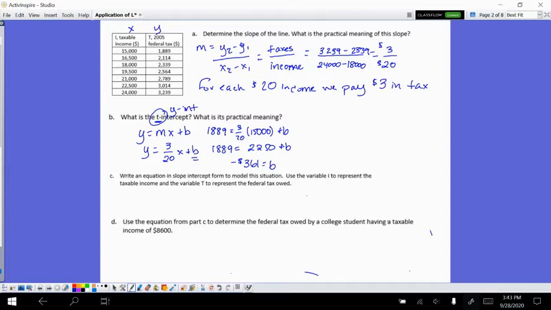The practical meaning. Whenever you interpret the practical meaning, I find it helpful to put your y-intercept back in its ordered pair and think about what each part means. The x is I, income, and the negative 361 is T for taxes that you would pay. So this tells us if your income is 0, you pay no taxes.